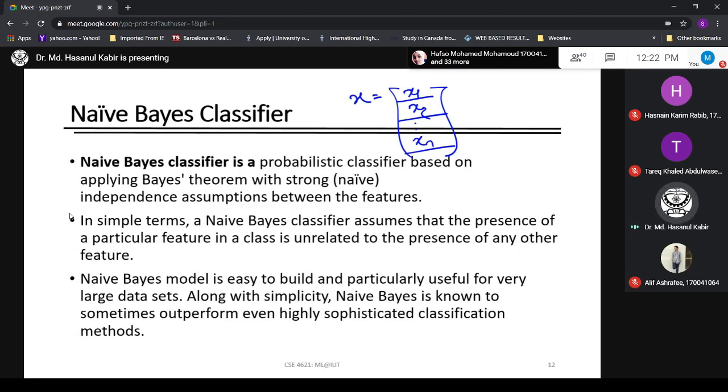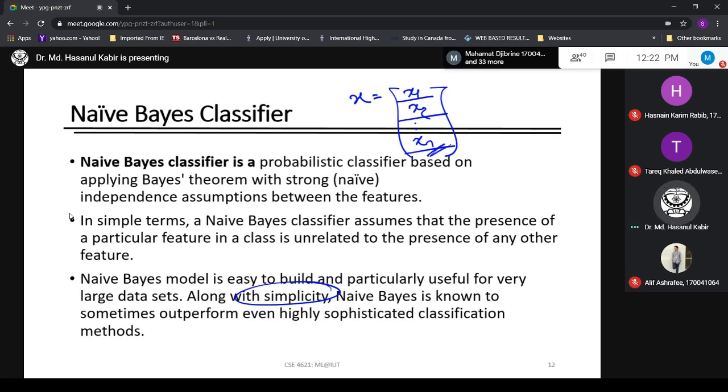That means they are independent of each other. This is what makes this classifier very simple, and you can work with a very large feature set. You only have to work with this n number of features. That's very easy actually.